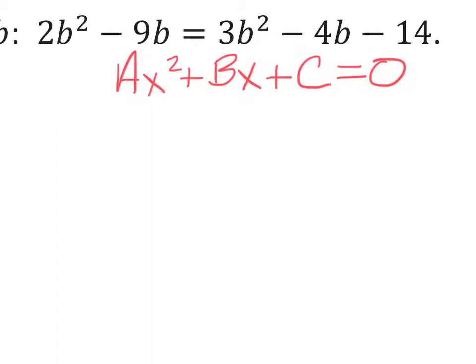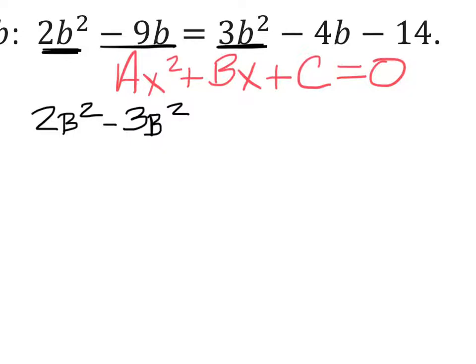On the left-hand side, we have 2b squared from right here. On the right side, we have 3b squared. If we move it over to the left, it becomes minus 3b squared. On the left, we have minus 9b. It just stays the way it is.